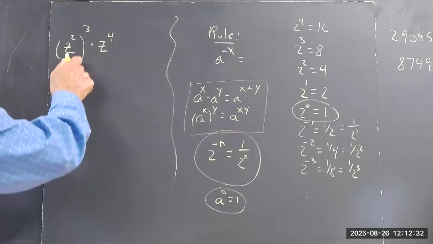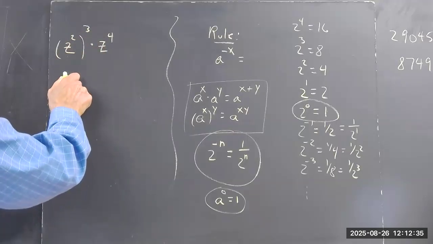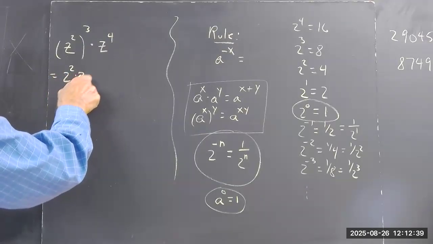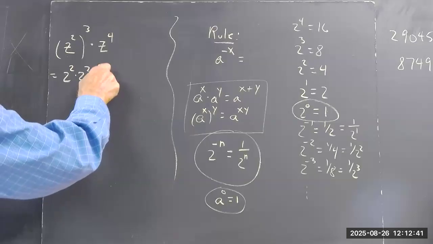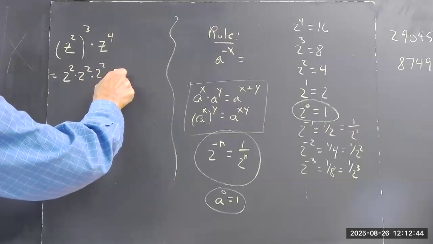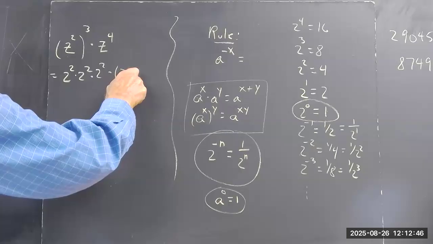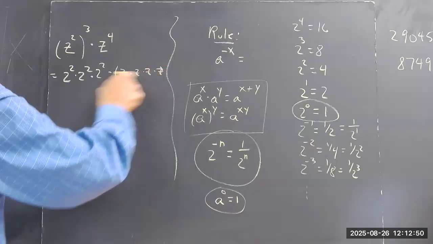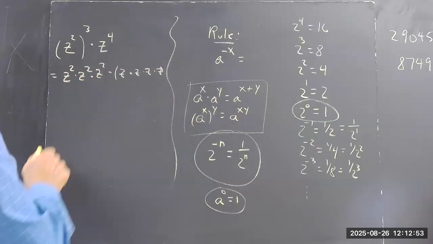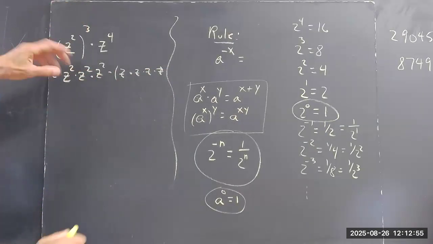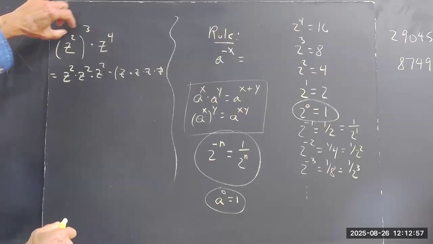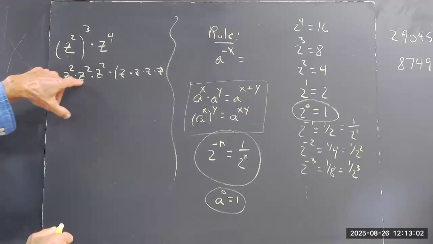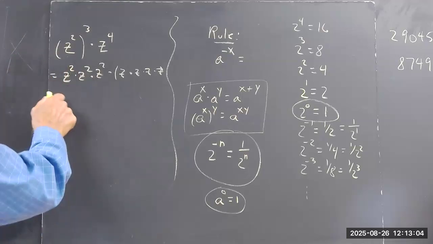You're going to have z squared cubed. There are different ways I can write this. I'm going to write it this way. z squared cubed could be written as z times z times z times z times z times z, but I'm going to write it out as z squared times z squared times z squared.